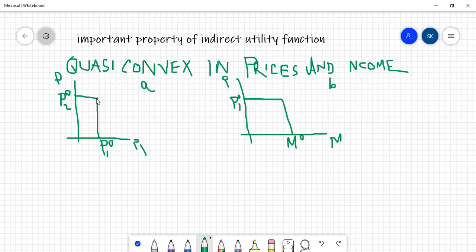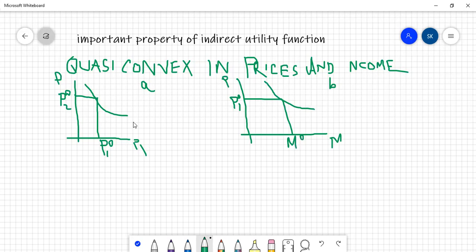Now, the quasi-convexity is basically described by the property which we will study. A function is quasi-convex if at any given point in its convex domain, the worse set of that point, that is the set of points giving the same or lower values of the function, is convex.